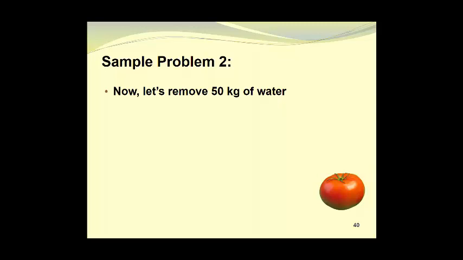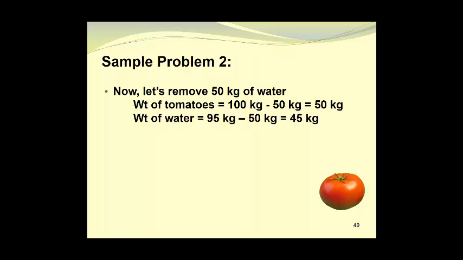Now let's remove 50 kilograms of water from the initial 100 kilograms of tomatoes. The weight of the tomatoes after the water removal will be 50 kilograms. The weight of water that will be present is the initial 95 kilograms of water minus the 50 kilograms of water that we are removing, which will leave us with 45 kilograms of water after the drying process. The weight of the solids will remain constant at 5 kilograms since no loss of solids will occur during the drying.